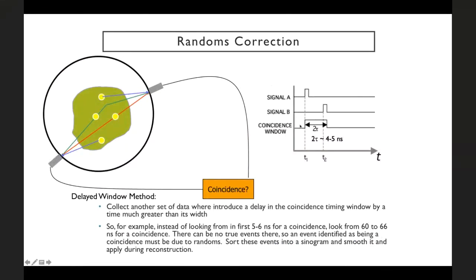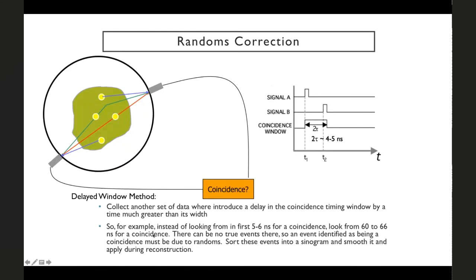So instead of using a coincidence window here, we're going to collect another set of data where we introduce a big delay in this window, by a time that's much longer than its width. For example, we're not going to look in those first 5 to 6 nanoseconds. Instead, we're going to look way out, maybe 60 to 66 nanoseconds.